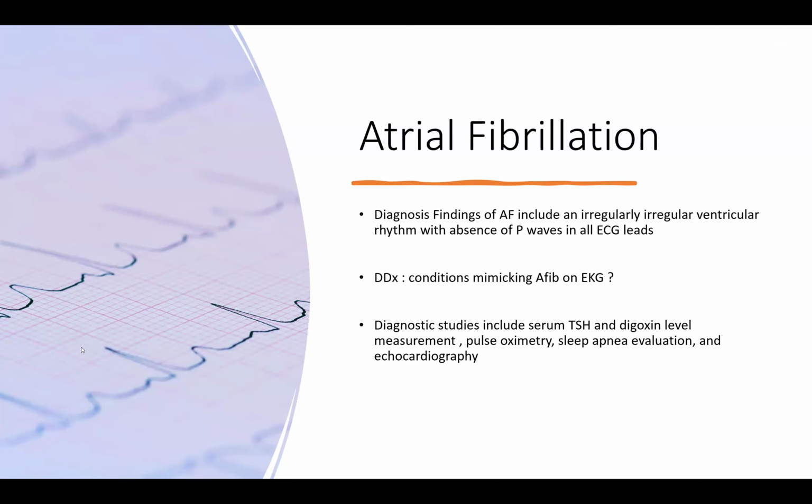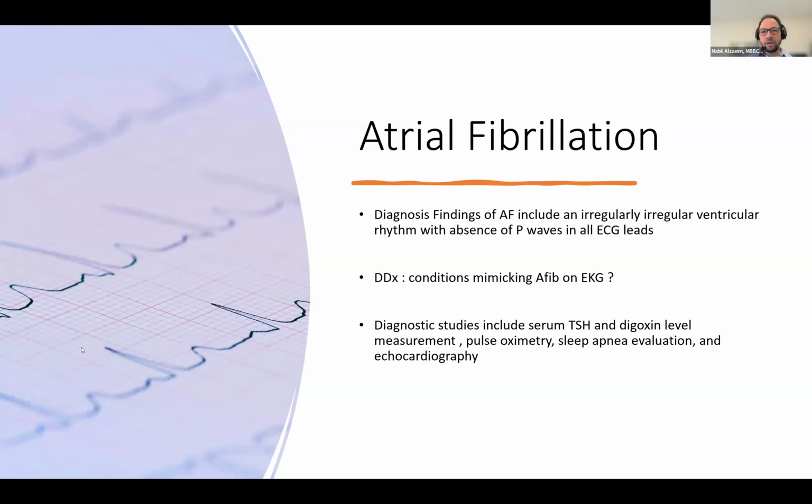As we discussed, to recognize AFib, basically we depend on the 12-lead EKG. We see an irregular ventricular rhythm with absence of the P wave in all the EKG leads. There are some conditions mimicking AFib on the EKG, and we mentioned sinus tachycardia with premature atrial beats, and multifocal atrial tachycardia, especially in COPD patients.